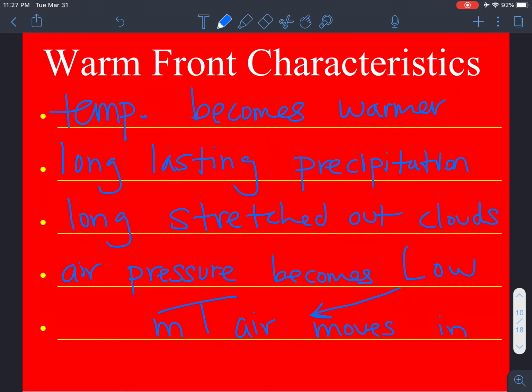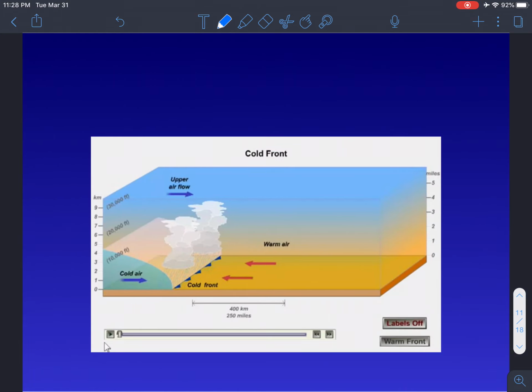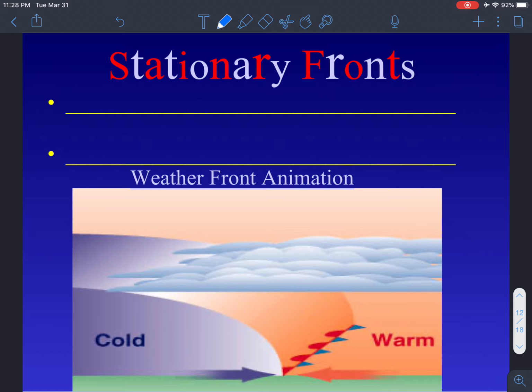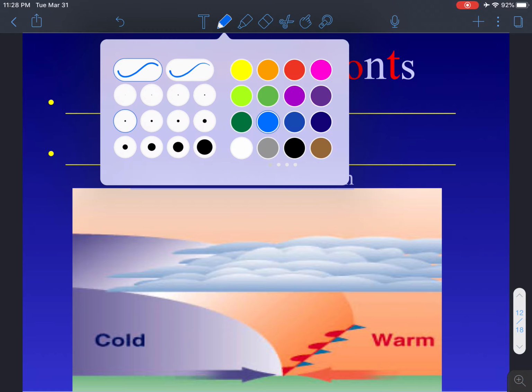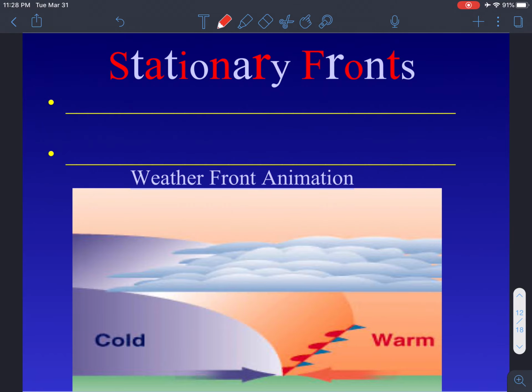Okay. All right, let's look at the next type of front, which would be a stationary front. Stationary is exactly what it sounds like. So stationary is two fronts that are basically colliding into one another, and they're not going to move.